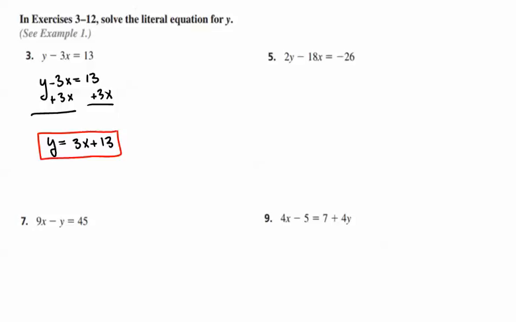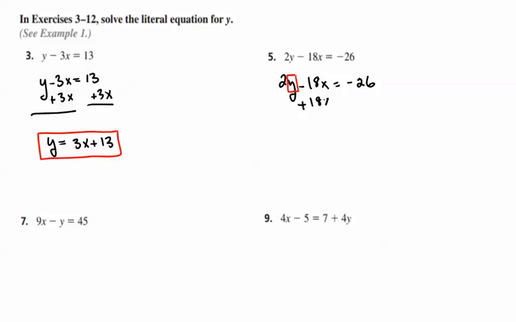In the second equation, a little bit more complicated, but also not too bad. We have 2y minus 18x is equal to negative 26. Since our goal is to isolate the y, we want to make sure that we don't touch that, and we're going to get rid of everything else first.